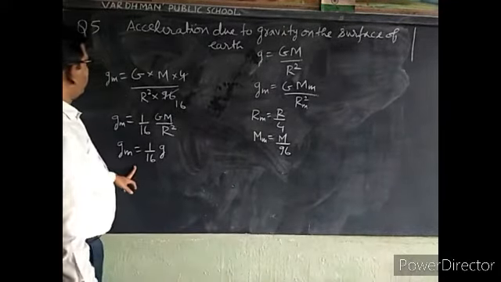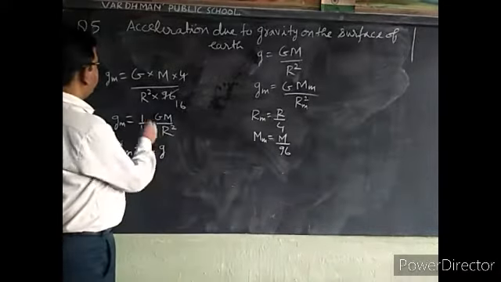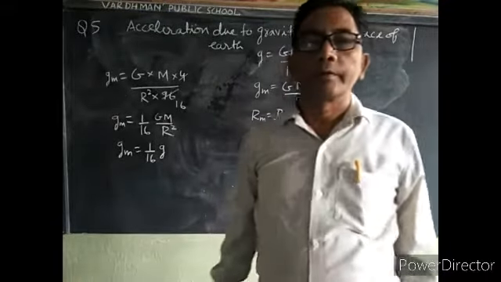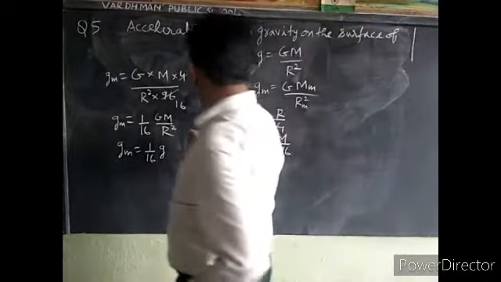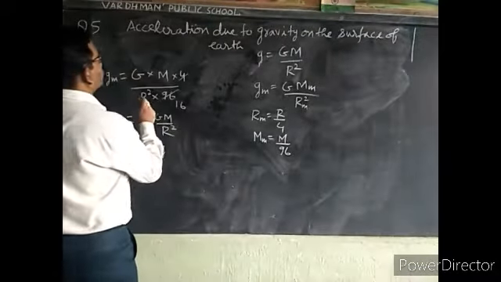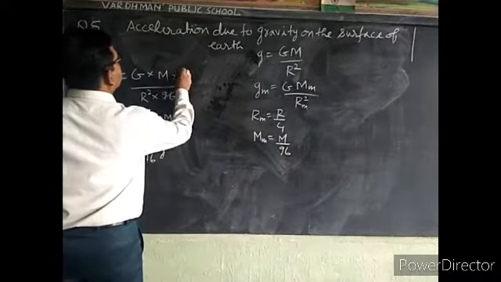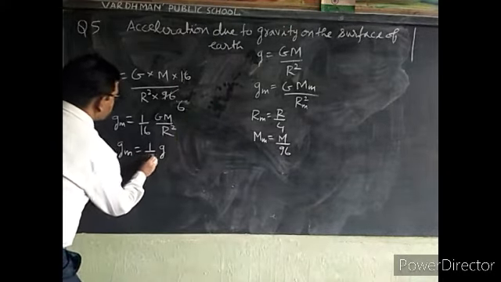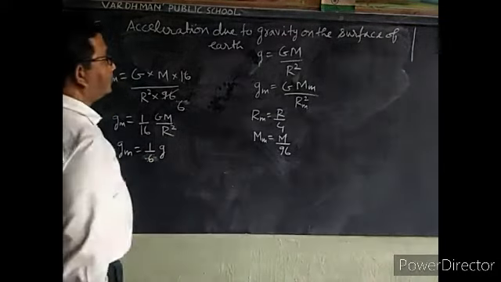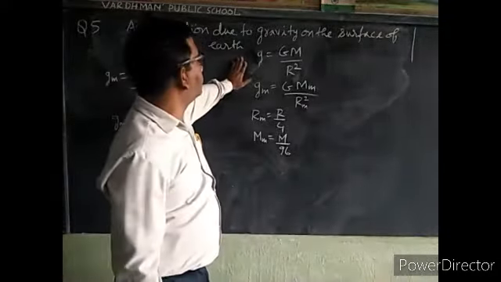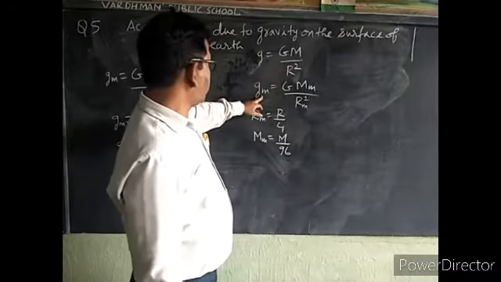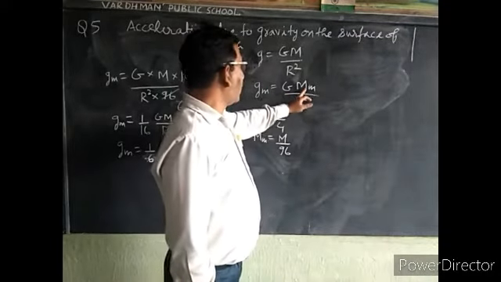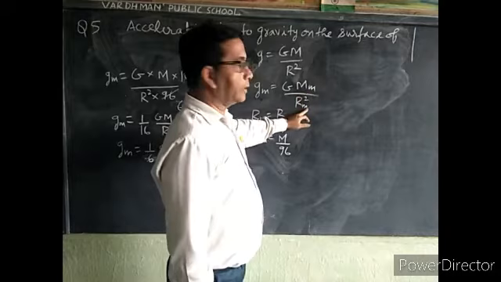First we will take acceleration due to gravity on the surface of earth, g is equal to GM upon R square. Now gm, acceleration due to gravity on the moon, is GMm upon Rm square. Mm is the mass of the moon, Rm is the radius of the moon.